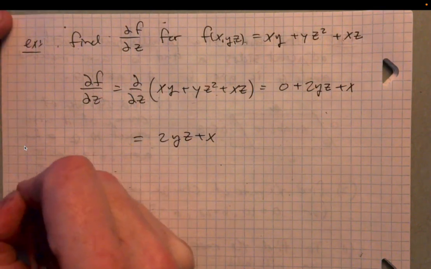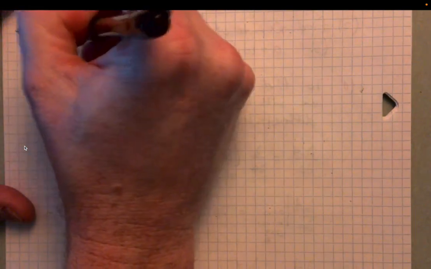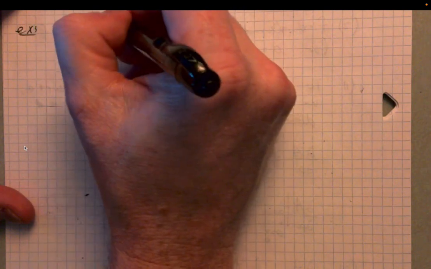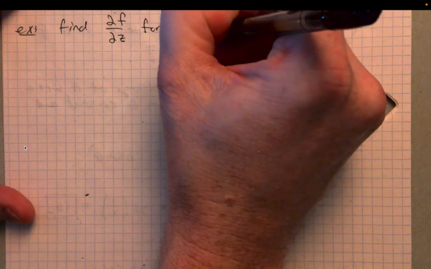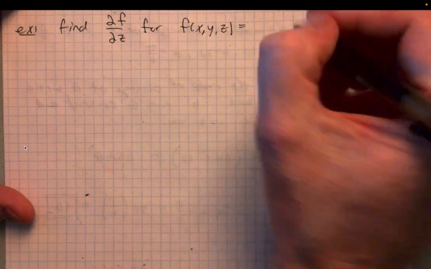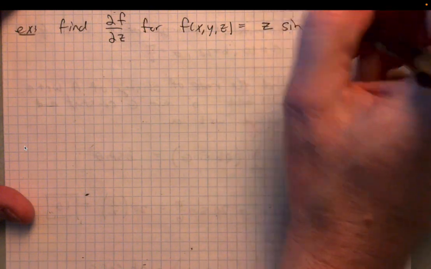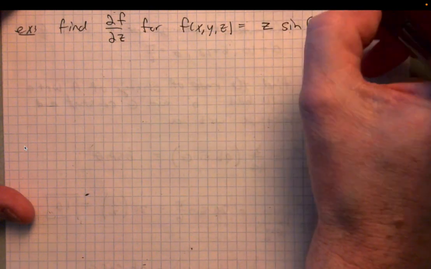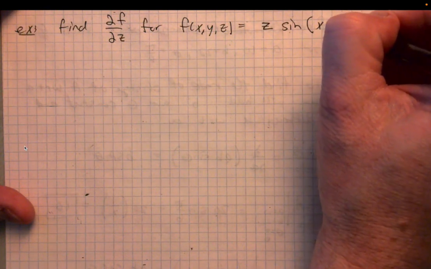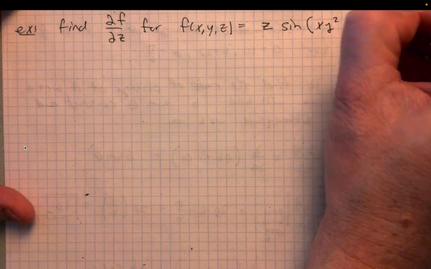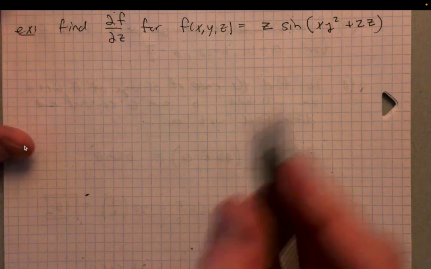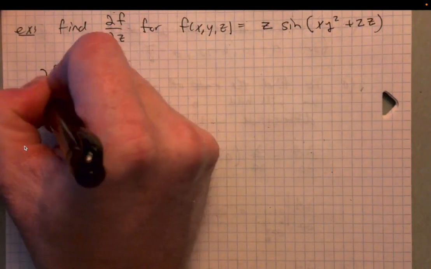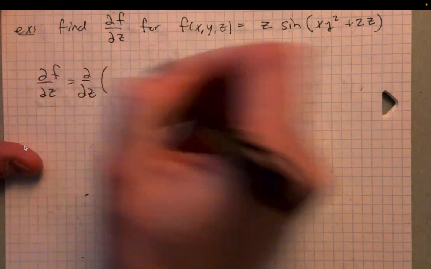What about this example? Let's find del f del z for f of x, y, z equal to z times the sine of xy squared plus 2z, sorry. Okay. Let's try this one. So del f del z is del z of this.